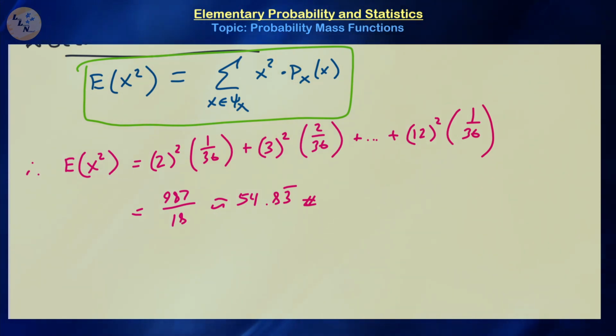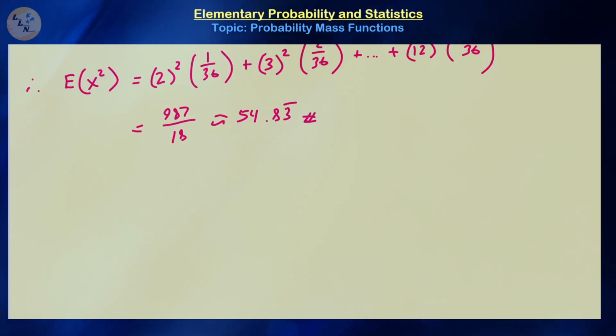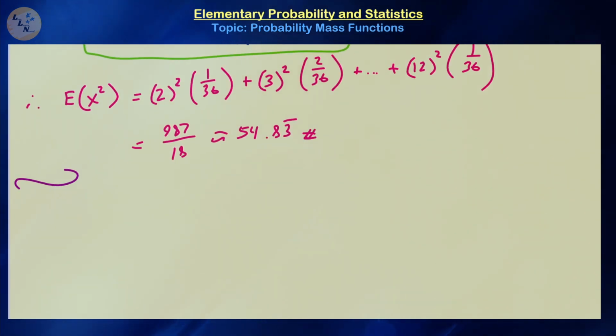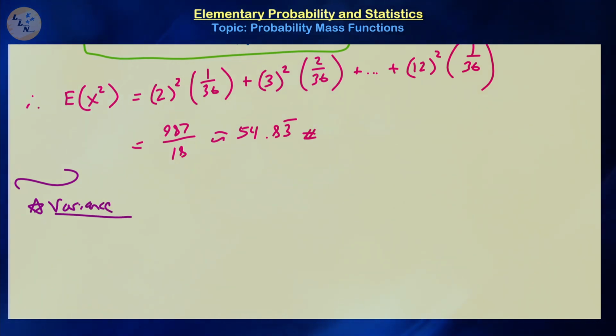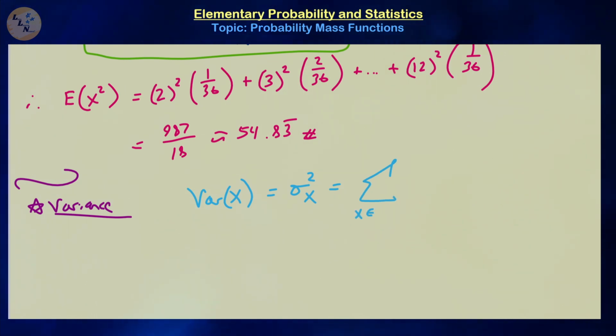Now, variance. The formula for variance is actually a little bit complicated, but let's look at it. So the variance of x, some people will write it as sigma squared of x, is going to be defined as the sum across all values of my support of x minus the mean of x, squared, times my probability function.